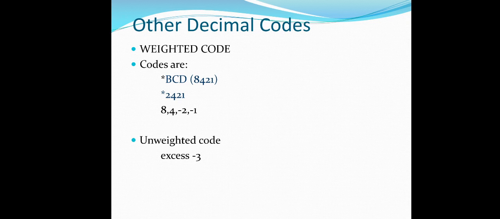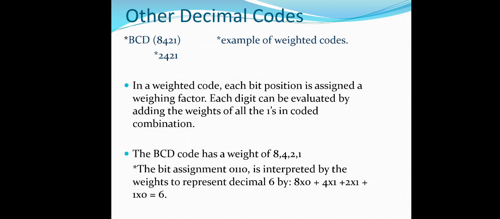For your weighted codes, it is categorized into BCD 8421, 2421, and 84 negative 2 negative 1. And for unweighted code, you have your excess 3. So we will start with BCD 8421.